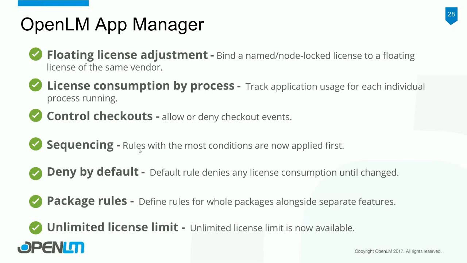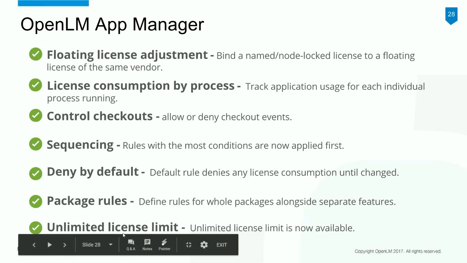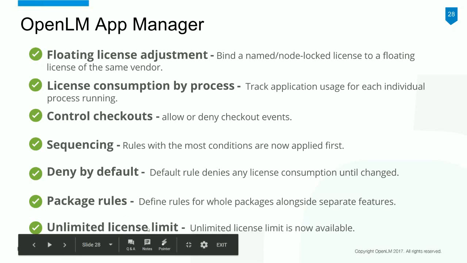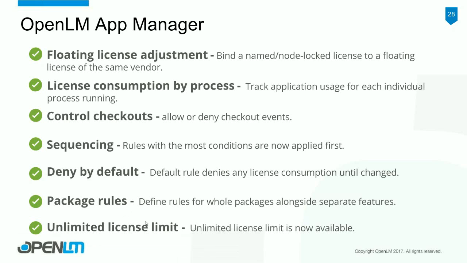You can control checkouts. We've changed the sequencing, the denial logic. Now you're able to use package rules as well, and you can now choose unlimited licenses. Now, we will go over all these changes and see the module itself.